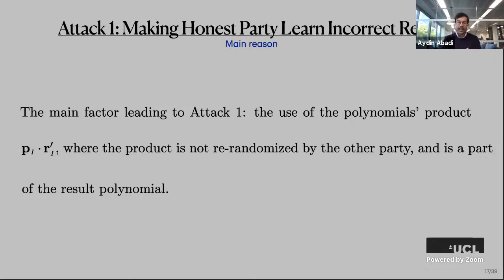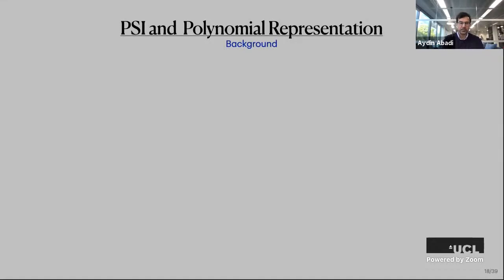The attacker can exploit this flaw to carry out its attack. So before I explain this attack in more detail, I need to give a brief background on the use of polynomials in PSI protocols.